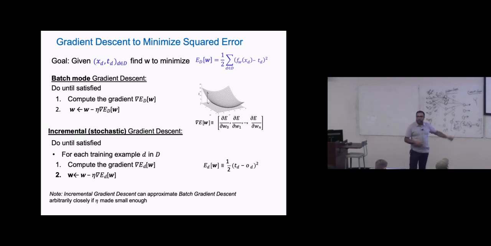One is the batch mode, and the other one is stochastic mode, right? In the batch mode, you compute the gradient over all the examples, average them out, and take a step. In stochastic or incremental mode, you take one example, compute the gradient, and go in a suboptimal direction, but there are proofs that if you do it infinitely many times, you will converge with much better efficiency, right? So that's the stochastic version.